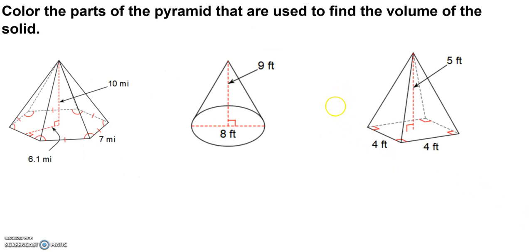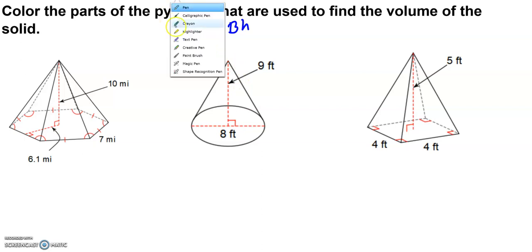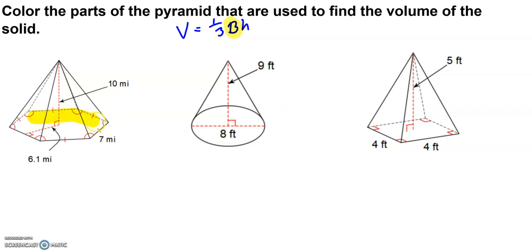All right, so let's go to the parts of the pyramid that are going to be used to find the volume. As a reminder, the volume of any pyramid is going to be 1/3 area of its base times its height. The area of the base, let's make that big B. That is going to be right here.